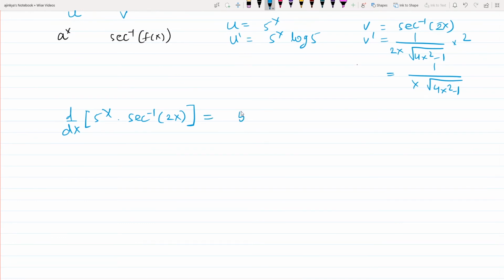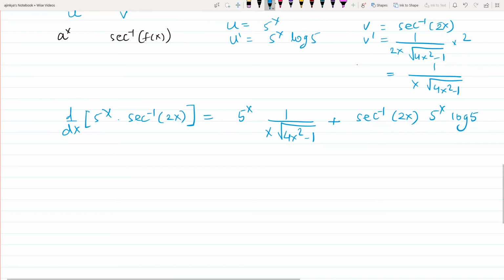So u is nothing but 5 raised to x, v dash is nothing but this term 1 upon x under root 4x square minus 1 plus v, which is sec inverse of 2x times 5 raised to x log of a, which is log of 5, which comes from here. So v u dash comes from here and u v dash comes from there.